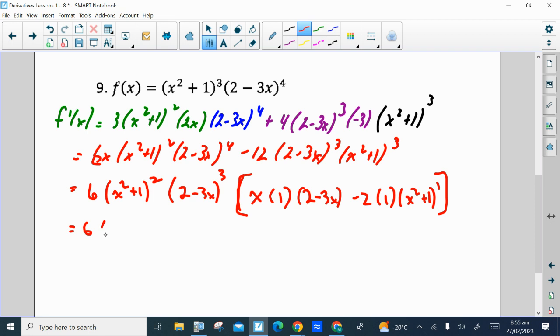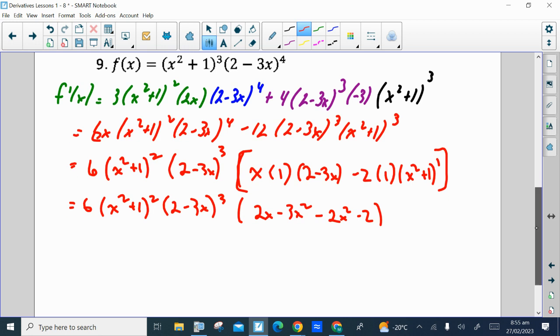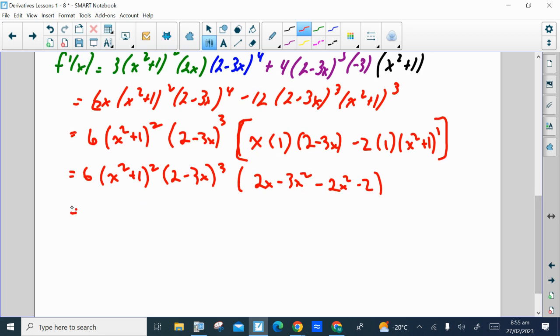So our final step then will be simplifying what's inside those big brackets. So you're going to have 1 times x, which is x, times 2 minus 3x, that'll be 2x minus 3x squared, minus 2x squared minus 2, when you multiply out those last brackets.